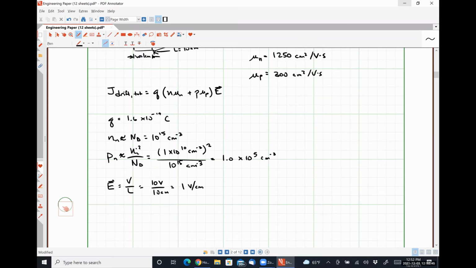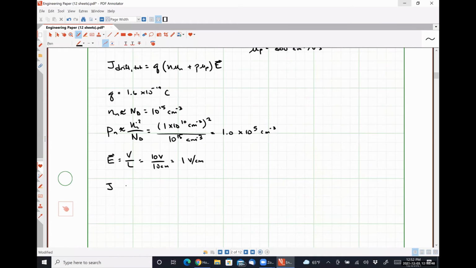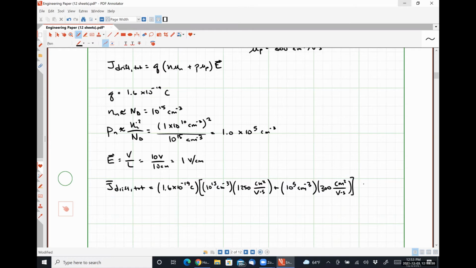All right, and so from this, our drift current is going to be 1.6 times 10 to the negative 19 coulombs multiplied by 10 to the 15 per centimeter cubed, times 1250 centimeters squared per volt second, plus 10 to the 5 per centimeter cubed, times 300 centimeters squared per volt second, times 1 volt per centimeter.